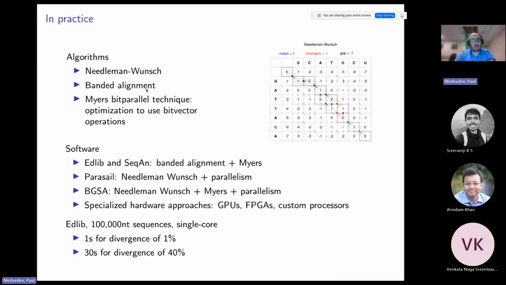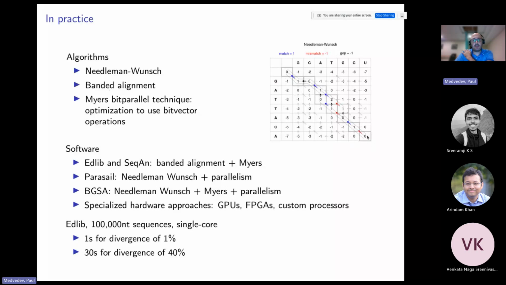One of the things that can be done to make this faster is called banded alignment. The idea is, if the edit distance is small, then the path through this matrix that corresponds to that edit distance will go close to the diagonal. So you pick some edit distance D, or band, and fill in this matrix just along this diagonal band.